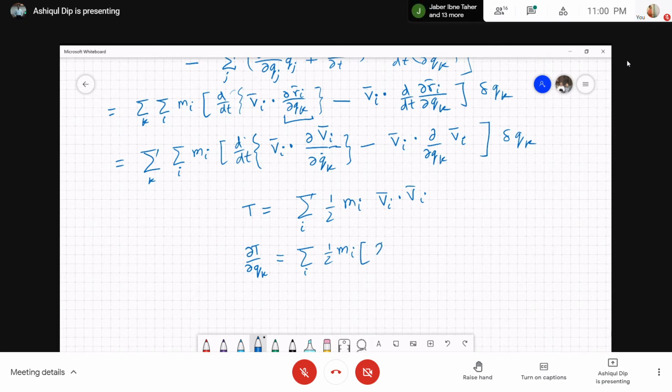You'll get two terms which are the same: v_i dot ∂v_i/∂q_k. So the half and 2 cancel out, and you're left with this part.